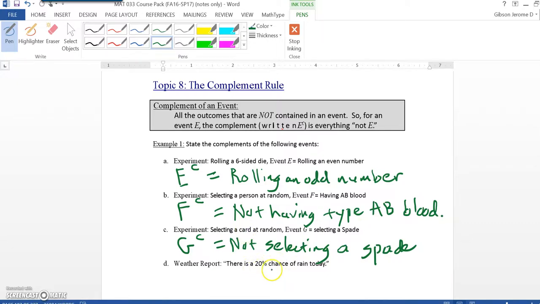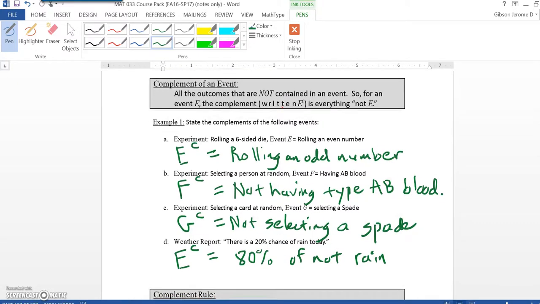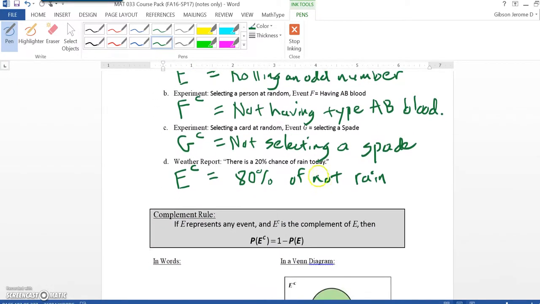So if it's a 20% chance of rain here, then the complement of this situation would be 80% of not rain. So that will cover 100% of the situation, 20% of rain, 80% of not rain.